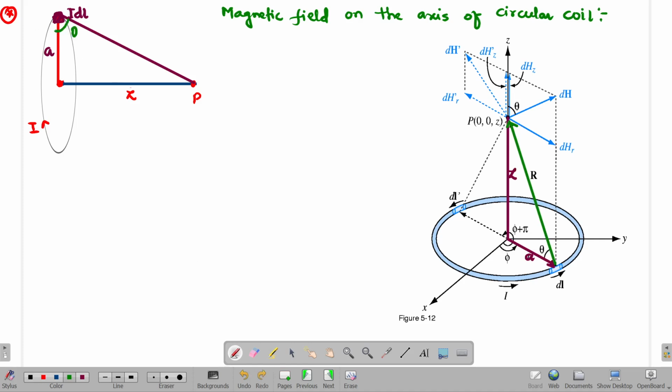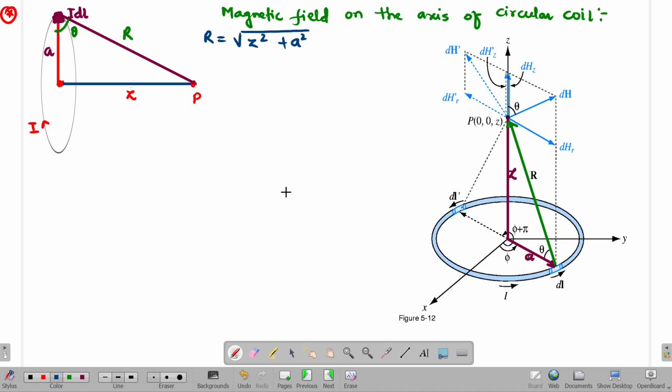This is called radius R, and R is equal to root under Z square plus A square. Are you able to get me?